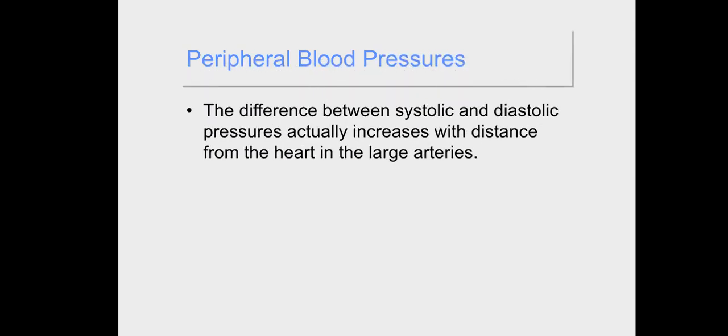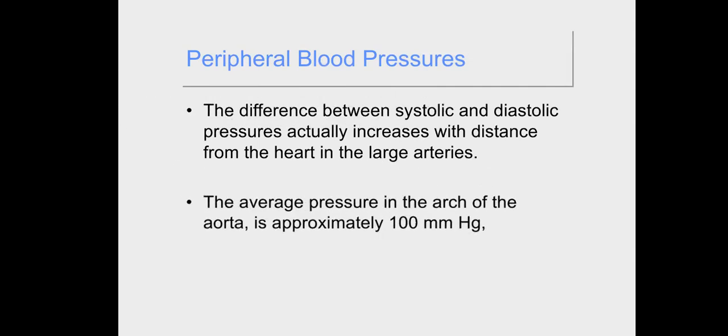So the average pressure in the aortic arch is 100 millimeters of mercury, and a large pressure drop occurs in the arterioles, and the highest pressure drop occurs in the capillaries. I'm sorry.